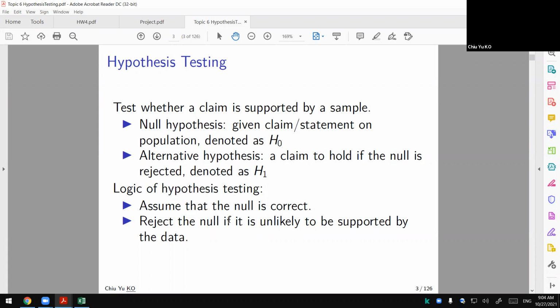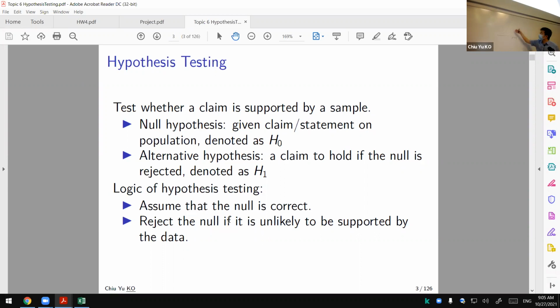So you want to assume the null is right. You think this 5 kg is here. You assume this is right, if what they claim is right, then this will be what you should expect to see.